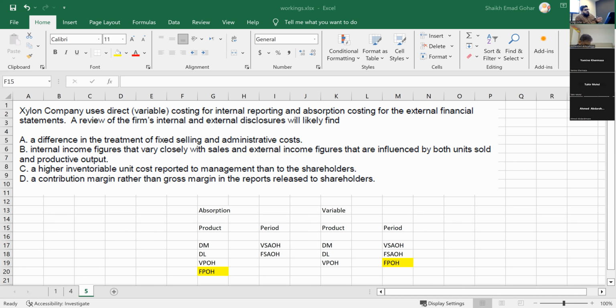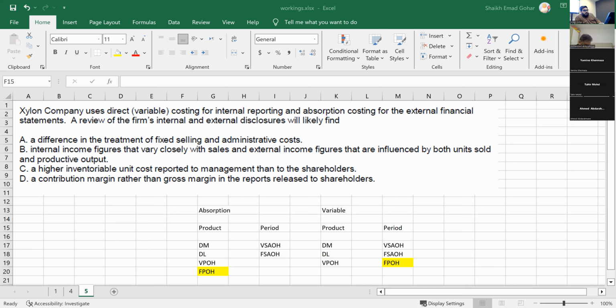Because all the variable cost you are incurring is in the product, and fixed cost you keep aside and charge in full. No transfer to the next year. This is in variable costing.